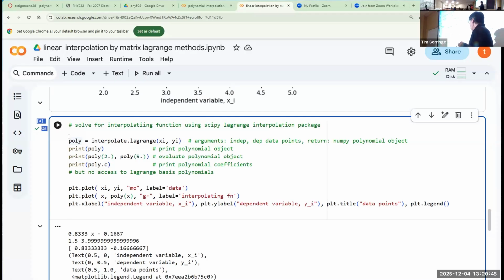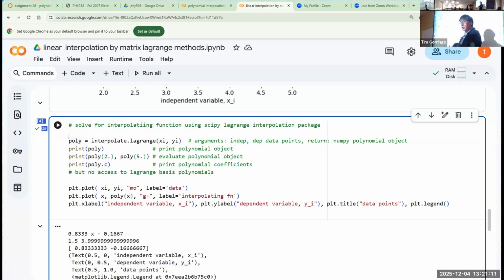That polynomial object allows you to calculate the value of the polynomial at a certain value of x, the independent variable. It allows you to plot the polynomial as a function of that independent variable.